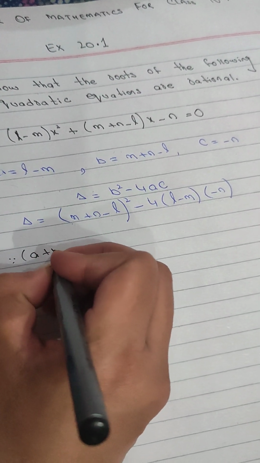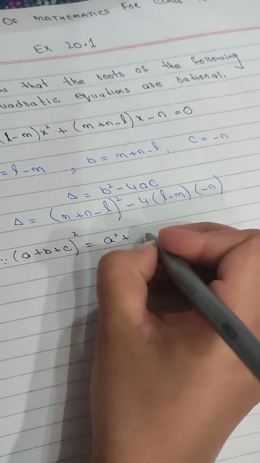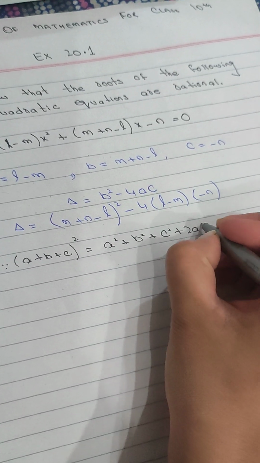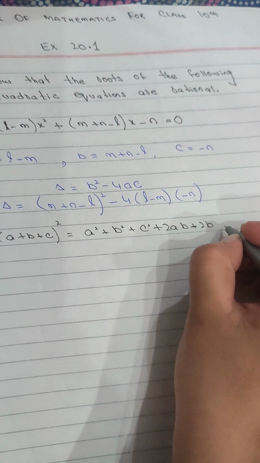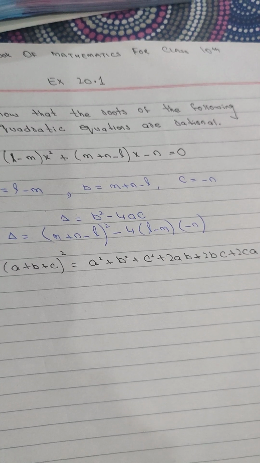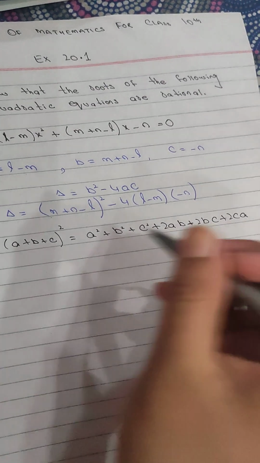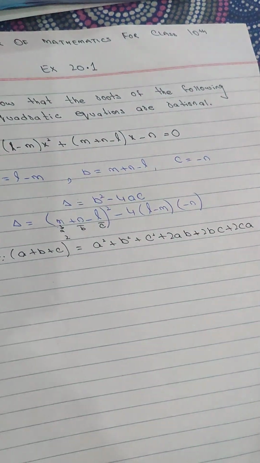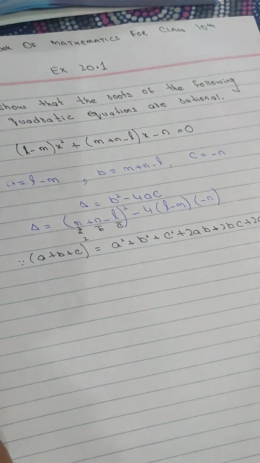A plus b plus c whole square equals a square plus b square plus c square plus 2ab plus 2bc and plus 2ca. This is my A, this is B and this is C. So let's put the values. Let's apply the formula now.